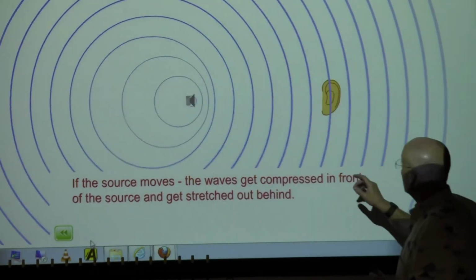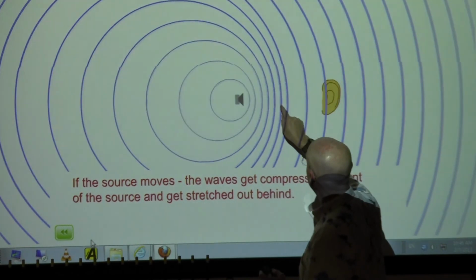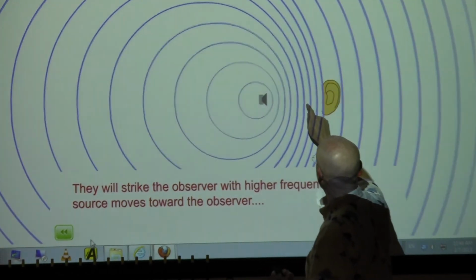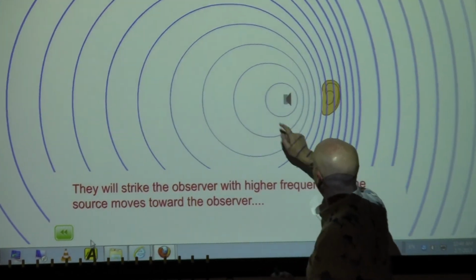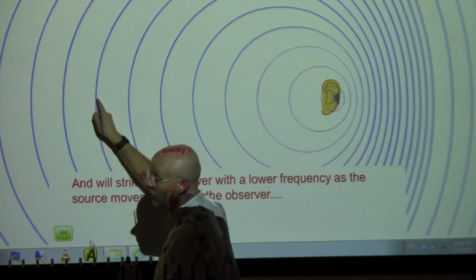So when we have an area of high pressure, these blue lines, say, represent high pressure. In between is low. High, low, high, low, high, low. And over here, high, low, high, low, high.